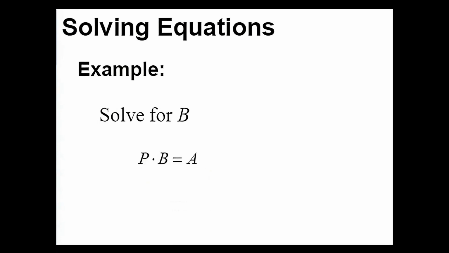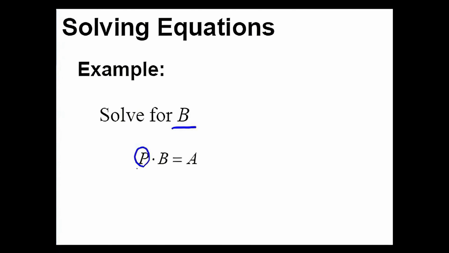Let's look at another formula problem. And this one asks us to solve for b. That means we want to isolate the b. We should go on the side with the b, and we'll get rid of anything else that's there. So we want to get rid of the p. Notice the operation between the p and the b is multiplication.